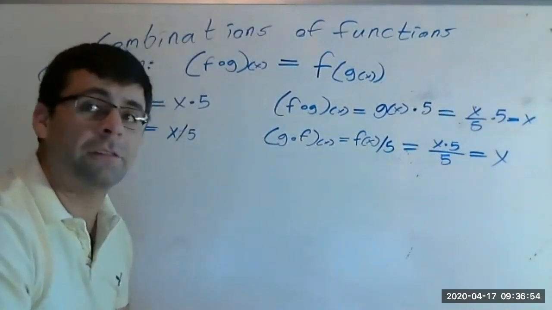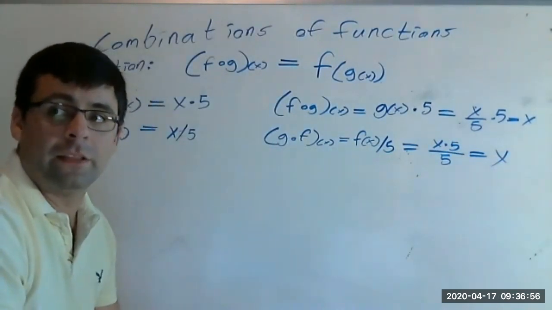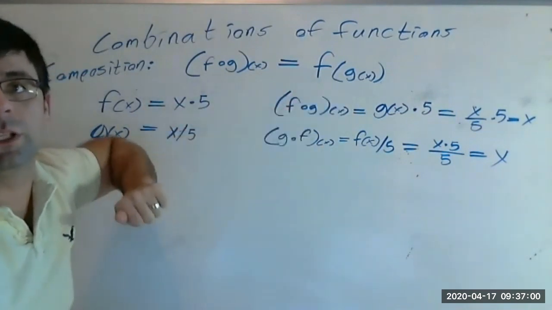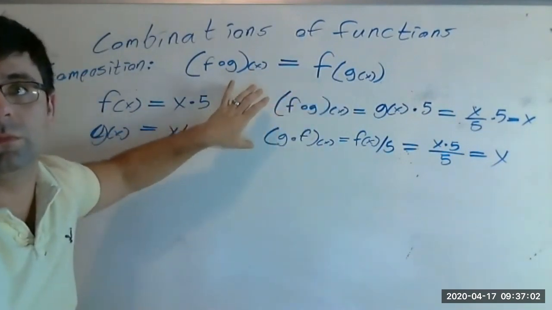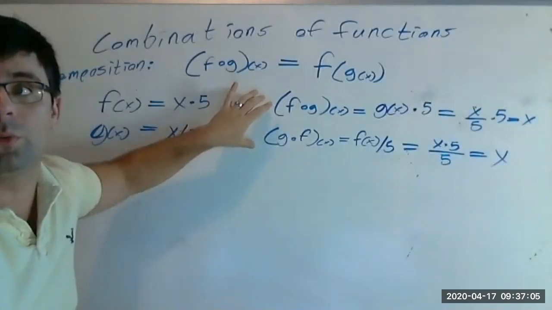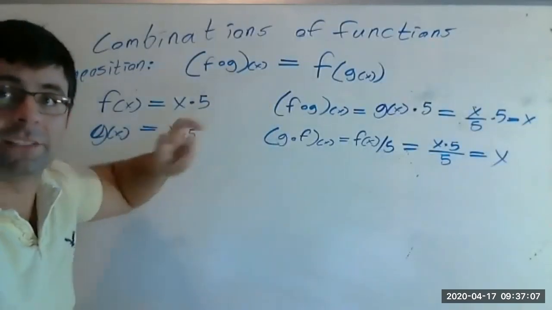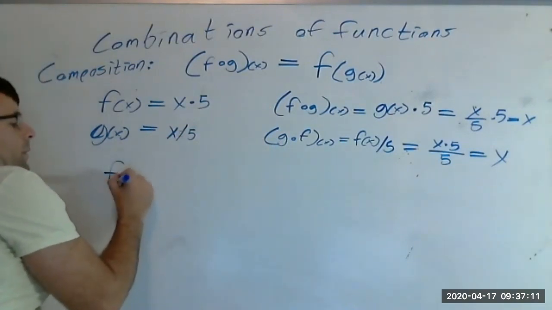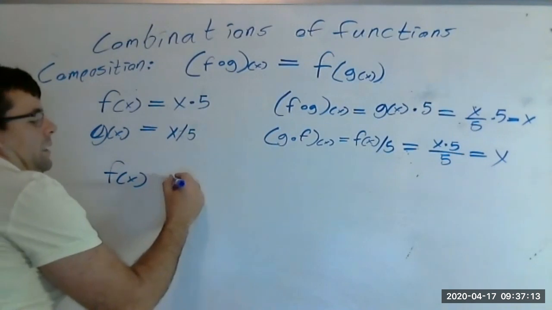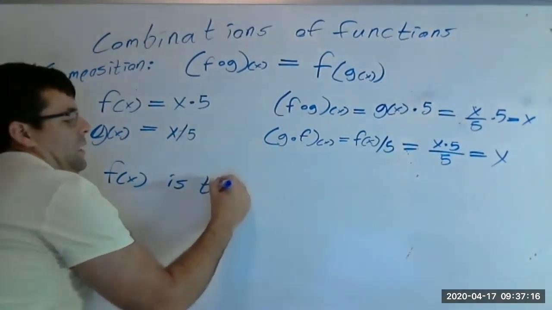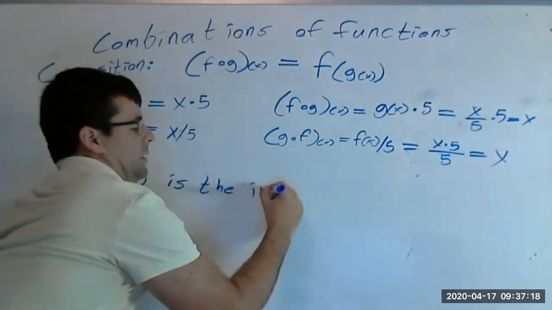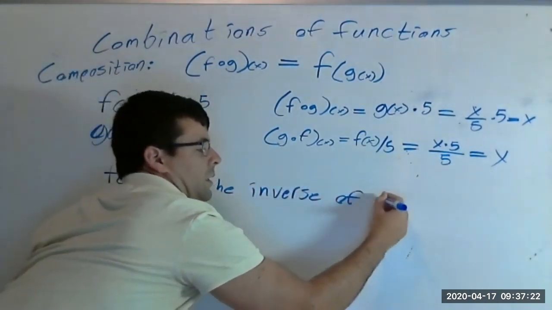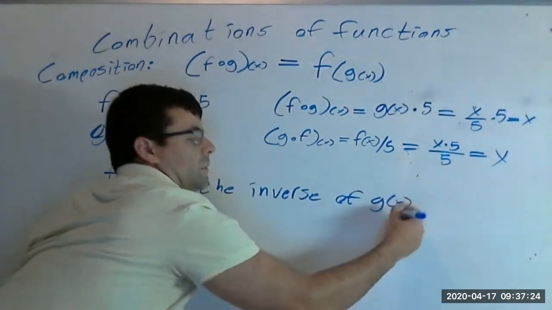So any pair of functions that you put in here that has this property, that when you apply this operation both ways, they cancel out, f of x is the inverse of g of x.